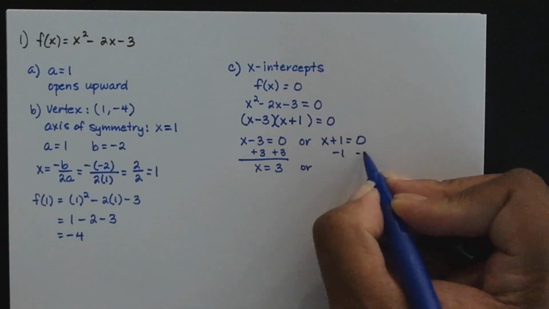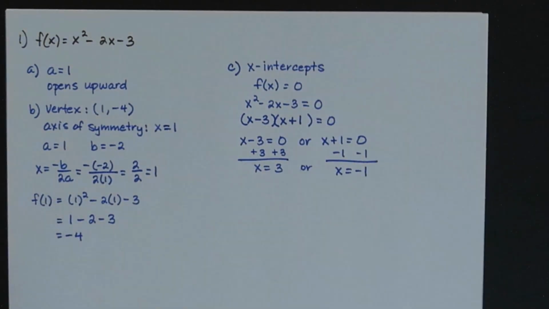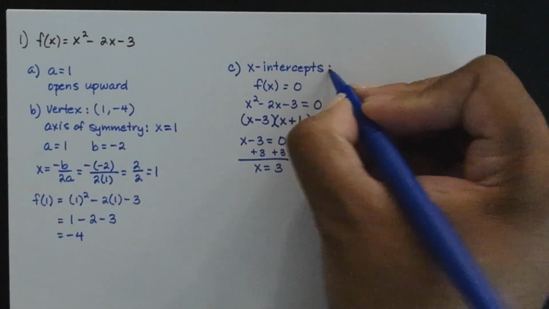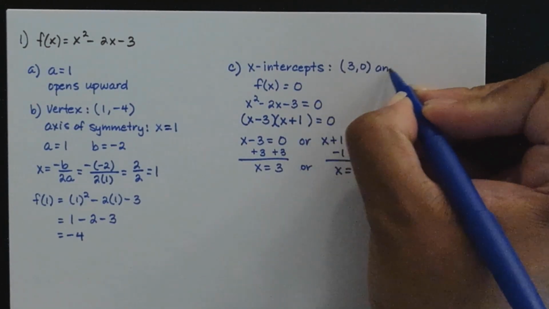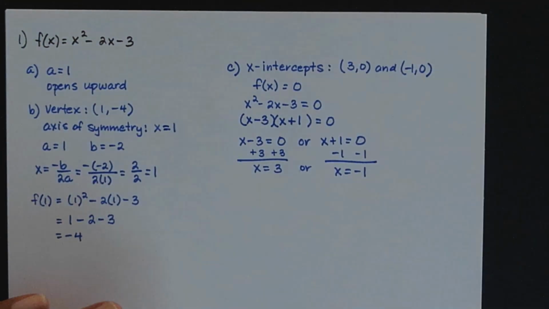Then for x plus 1 equals 0, if I subtract 1, that means x is equal to negative 1. So that means my two x-intercepts are going to be 3, 0, and negative 1, 0. Those will be the points where the graph of the parabola crosses the x-axis.